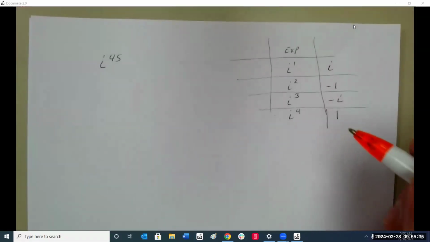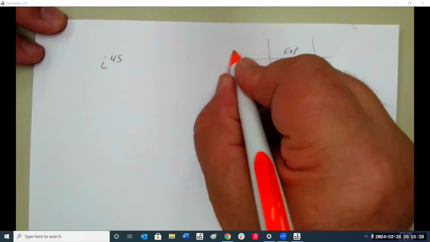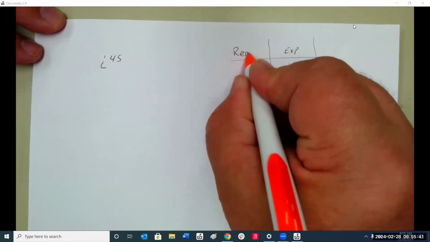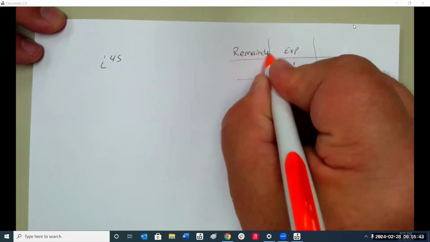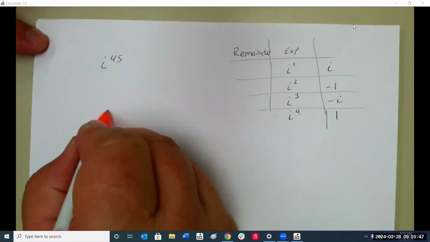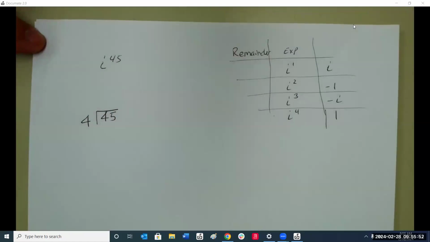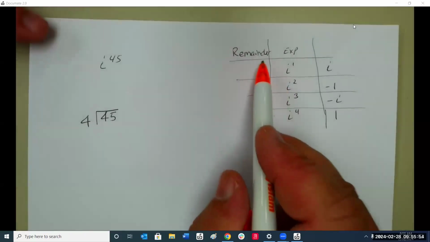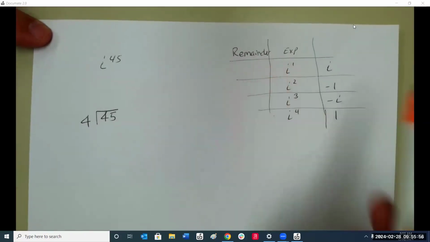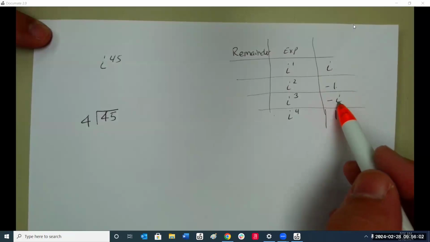Since they happen in groups of 4, if we divide the exponent by 4, we only have to find the remainder to determine what our answer is going to be. Because the answer can either be I, negative 1, negative I, or 1.